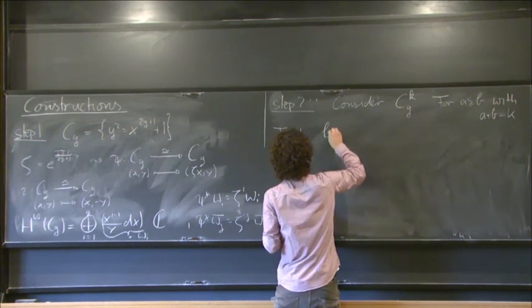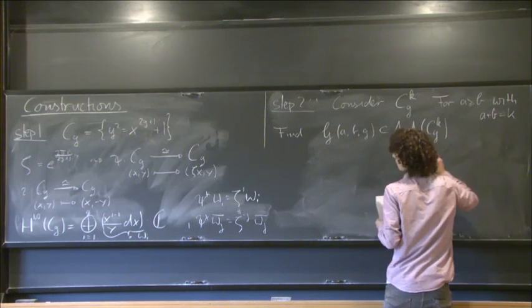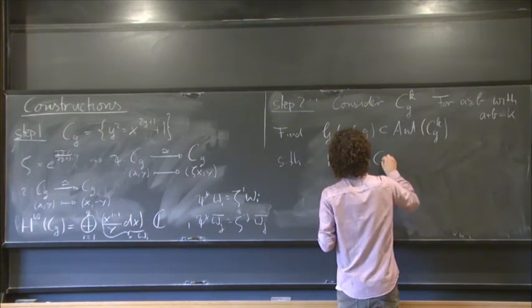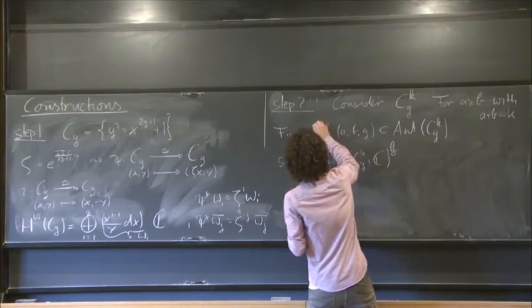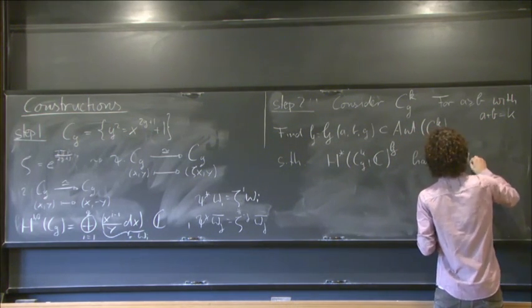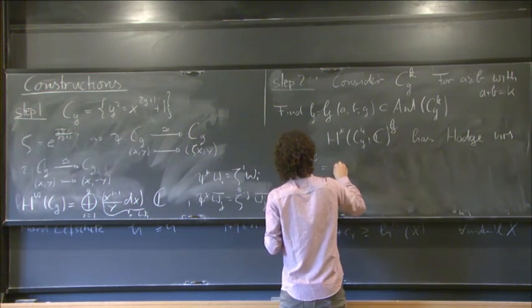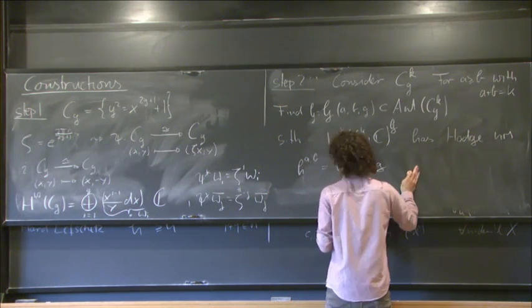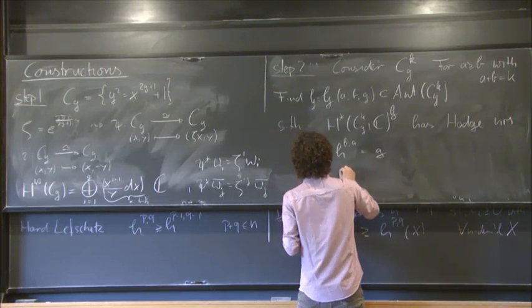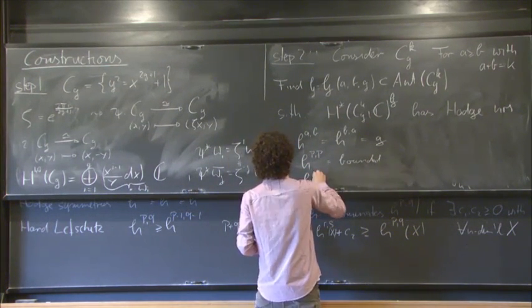And then in the second step, we find a group in the automorphism group of this product, such that the invariant cohomology has Hodge numbers HAB, HBA should be g, HPP are bounded, so I don't want to write down the exact bound. And all other HPQ are 0.